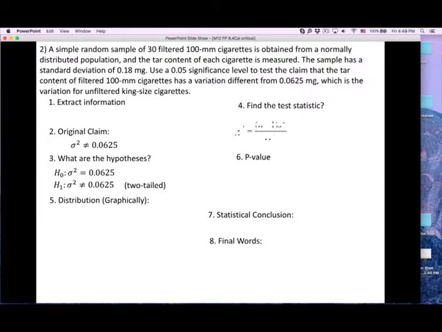Okay, you have the formula here. Try to figure out what these four values are. You should get this.